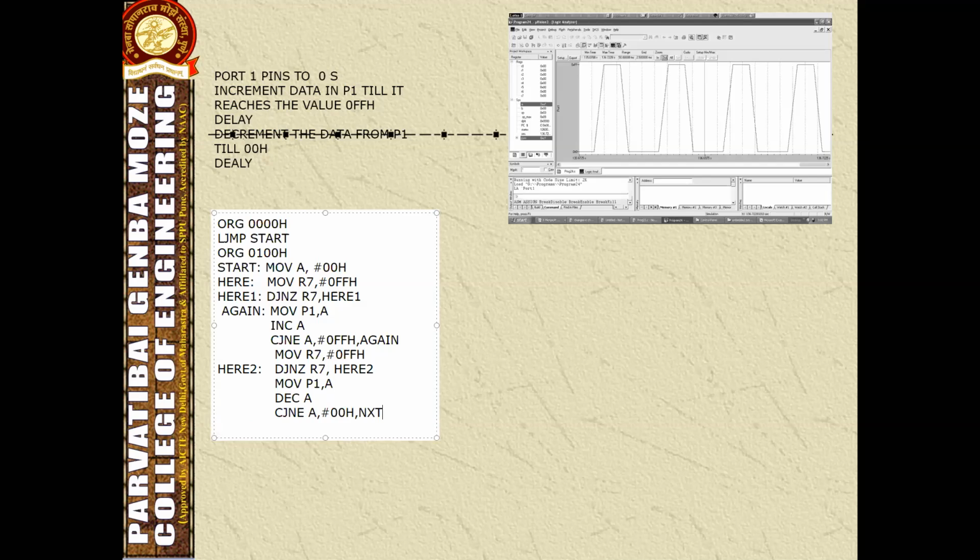It will decrement the accumulator, then check whether it has reached 0 or not. If it is not 0, then go to NXT. So where is NXT? NXT is here.